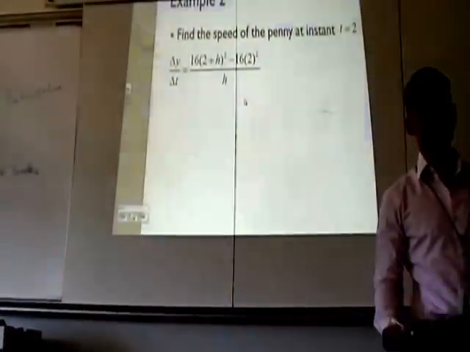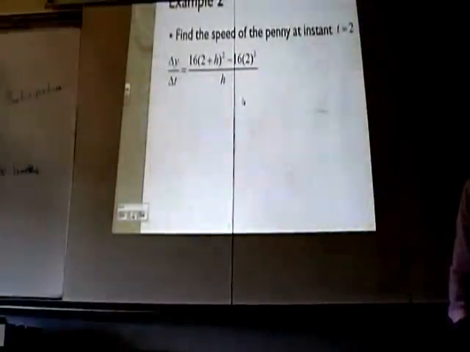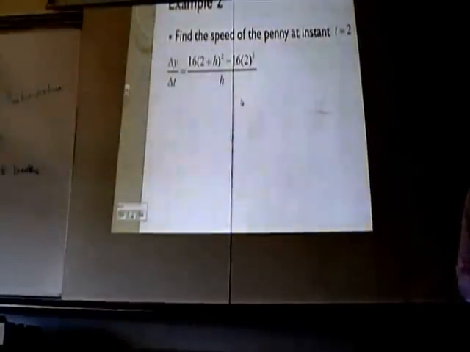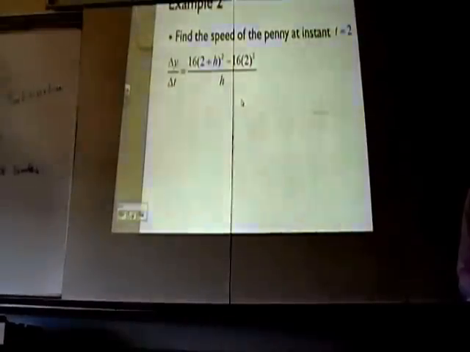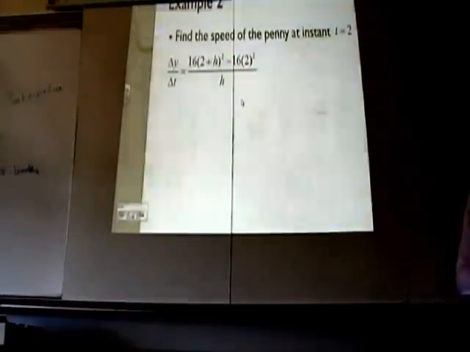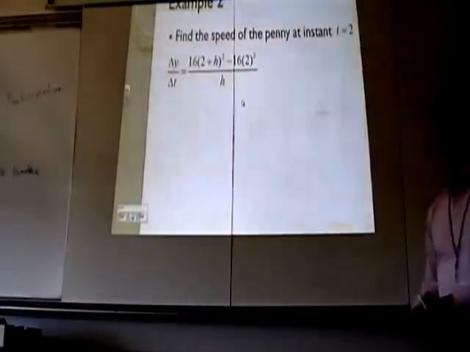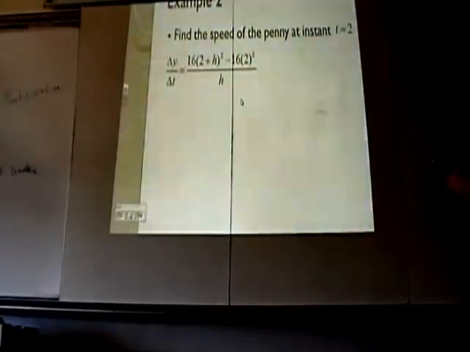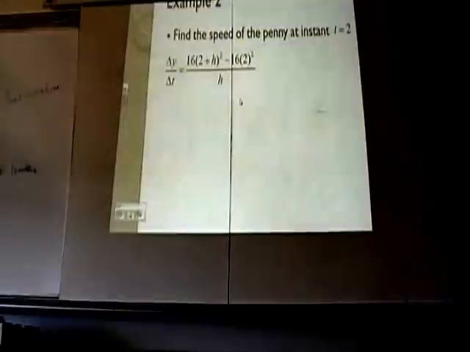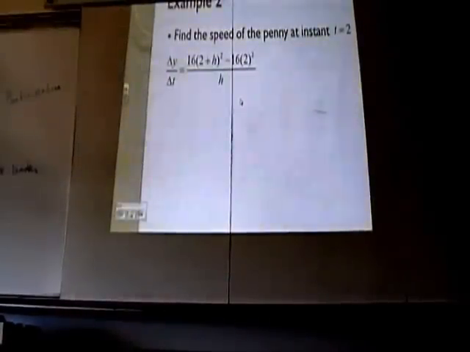The original in this case is 2 seconds, right? It's not at the origin. We're looking at 2 seconds. And then total time is this time minus this time, which is why we just have h. The 2 plus h minus 2 will give us just h.